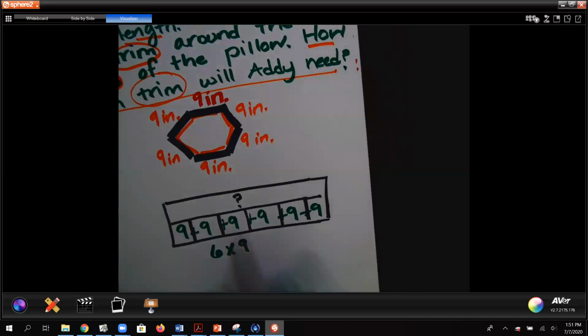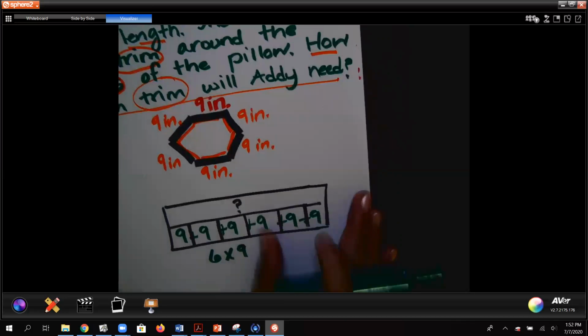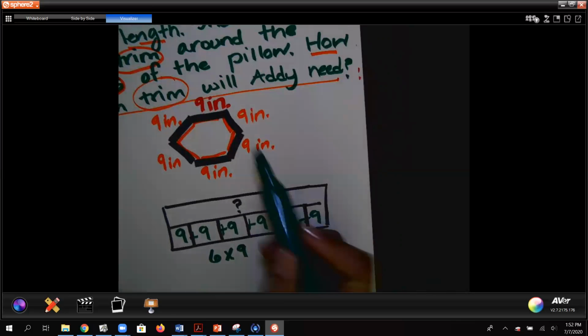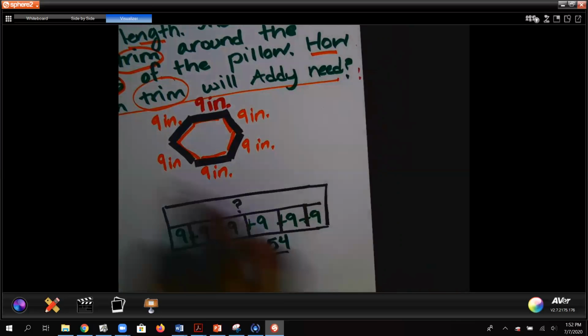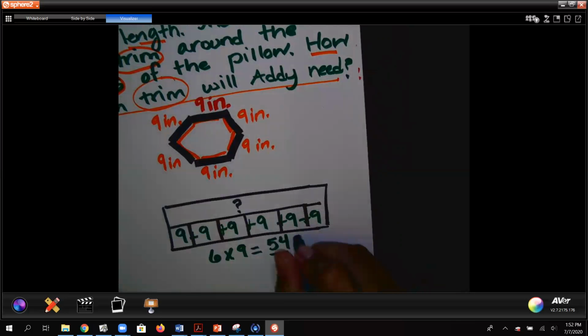Because there's equal groups. Whenever you multiply, there must be equal groups. And since you have 6 groups of 9, you can easily multiply. But if you feel more comfortable with repeated addition, you can do that as well. You can add these 9 6 times or multiply 6 times 9. Either way, you will get 54. How much trim will Addie need? She'll need 54 inches of trim.